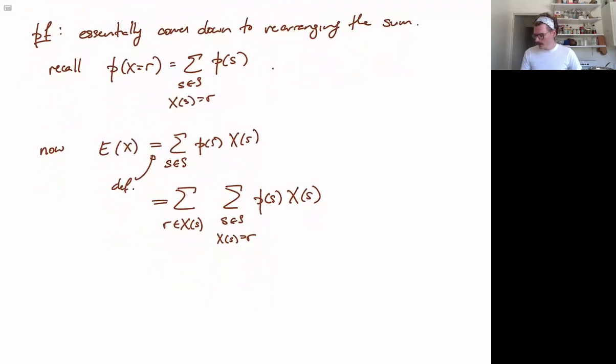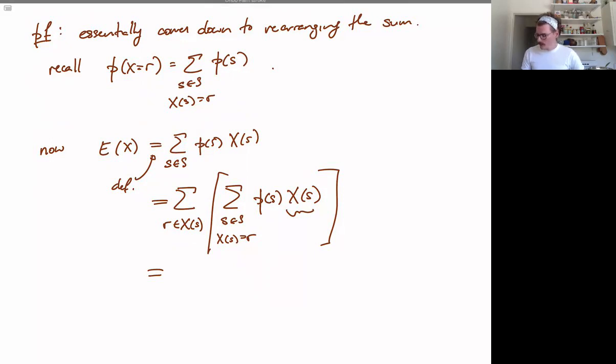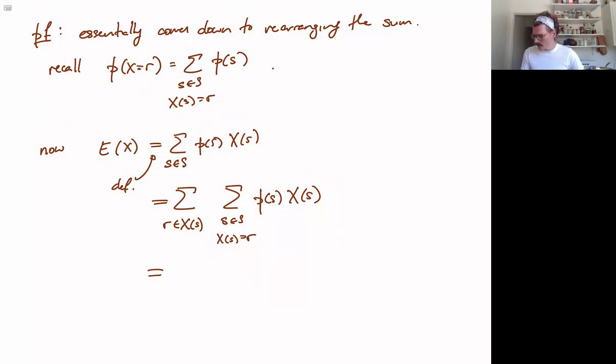And now, if we focus our attention on this inside piece, we notice that this part, X of s, is constant because we are setting it on this sum, we're setting it to this value r. So let's keep the sum over r in the image of X, and note that this part is r.